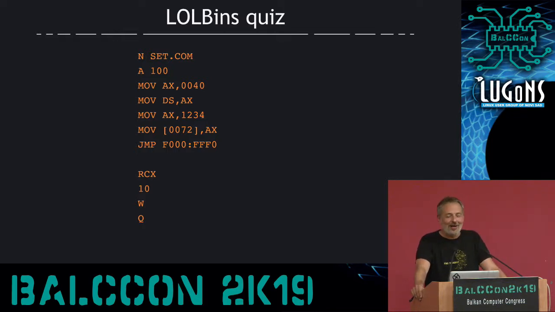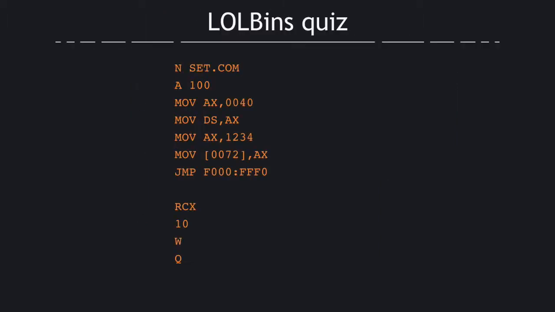A long time ago, in some galaxy far away, there used to be this operating system called DOS. This just shows that the idea of having these living off the land binaries, to hide the malicious code, is not completely new. This is called a debug script, and you could use this kind of scripting language almost like assembly.